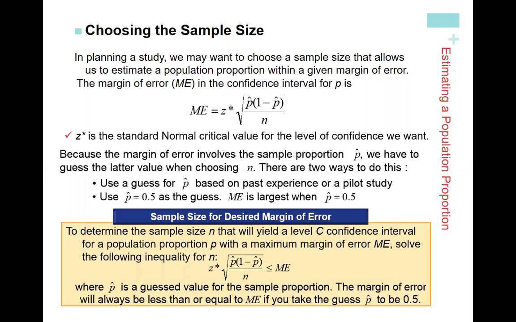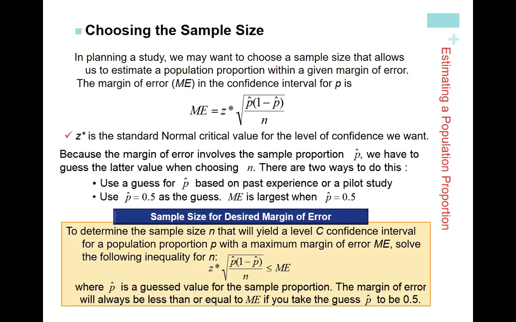If we don't know what the proportion is, and you can test this out for yourself, the largest value, because we want to put a maximum cap on the margin of error, the largest value we could get is if we had 0.5 times 0.5 in this standard deviation formula to give us 0.25. Any other value will give me a smaller standard deviation and a smaller margin of error. So the absolute largest I can get would be 0.5.